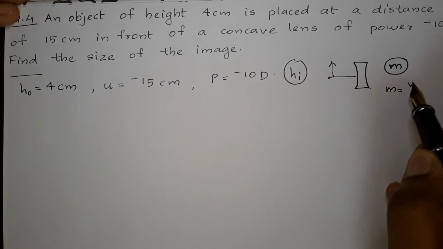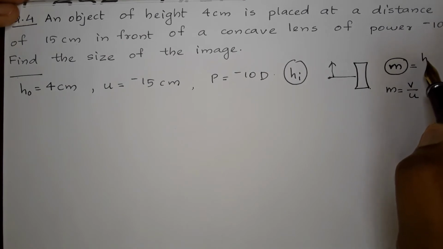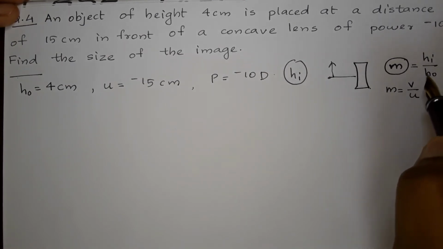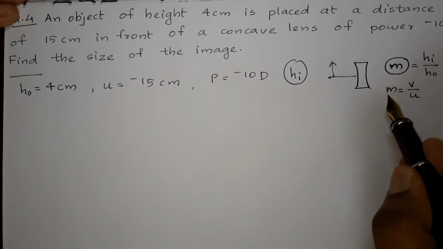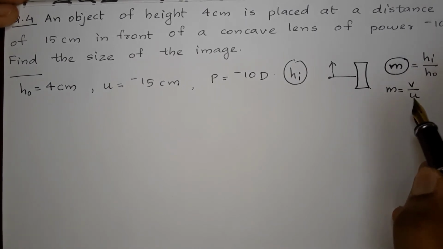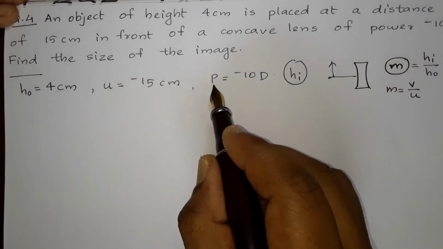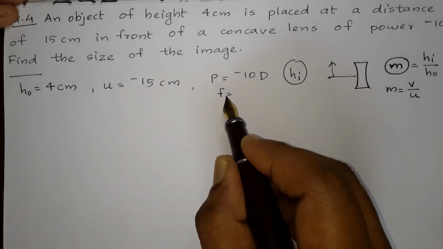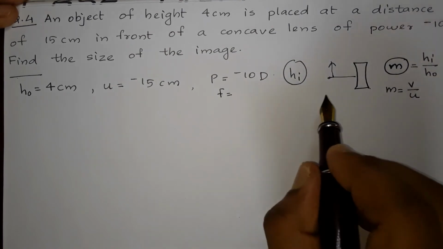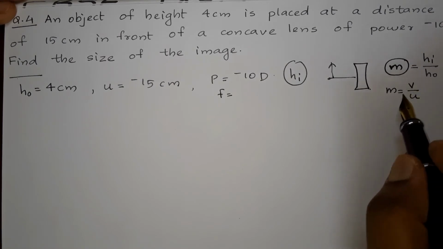M is V by U, right? And M is same as HI by HO. From this relation we can find the value of HI because HO is given. And we have to find the value of M using this relation, V by U. But here U is given and P is given. From P we can find the value of F. From F and U we can find the value of V. Okay, I think you got the point, how we have to proceed.